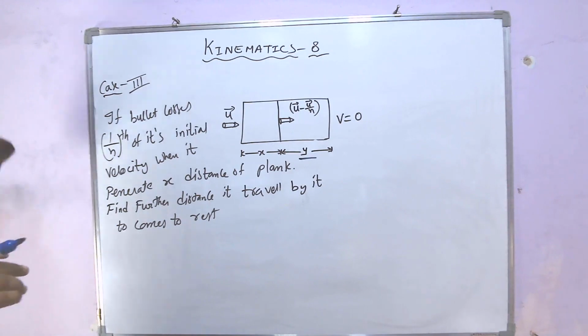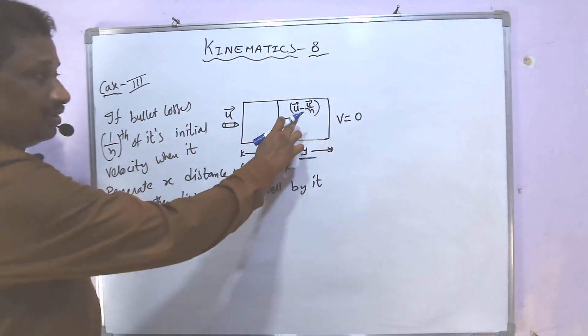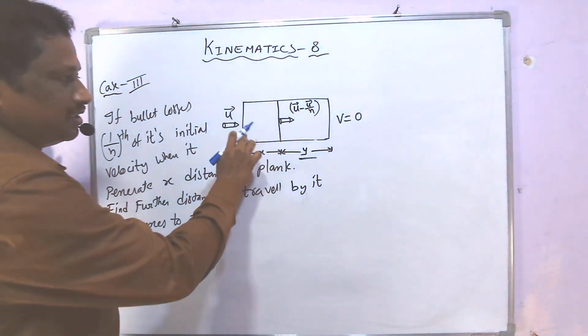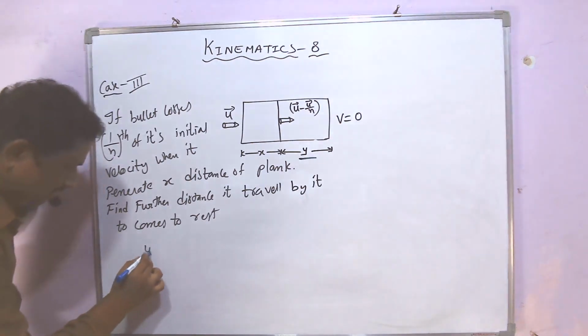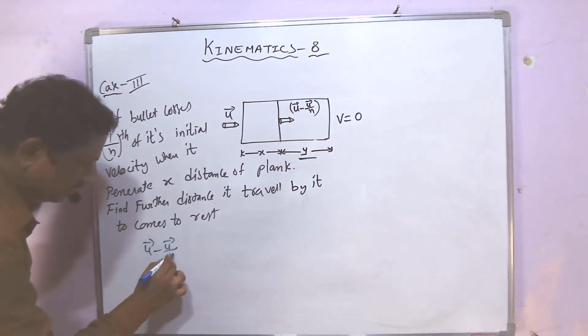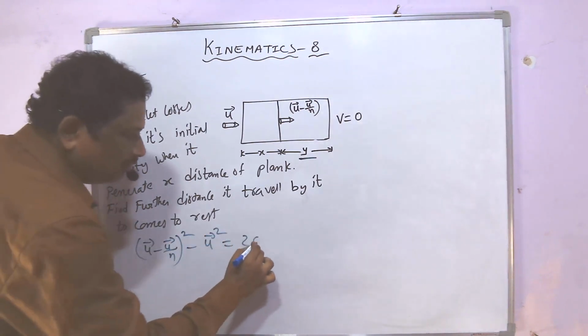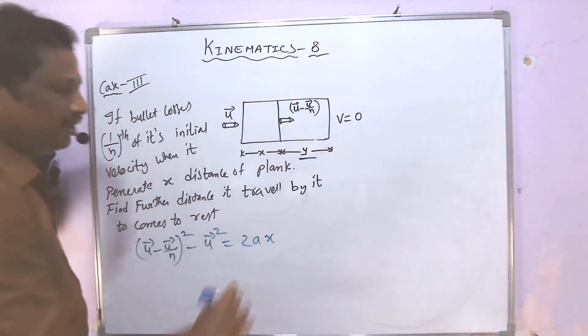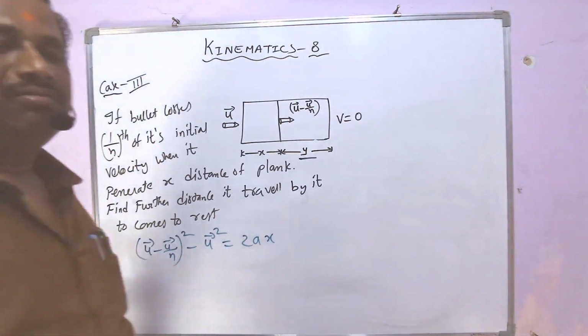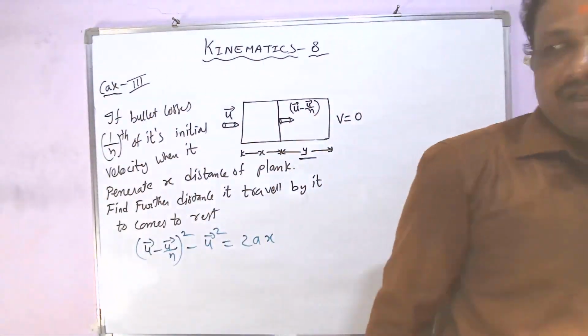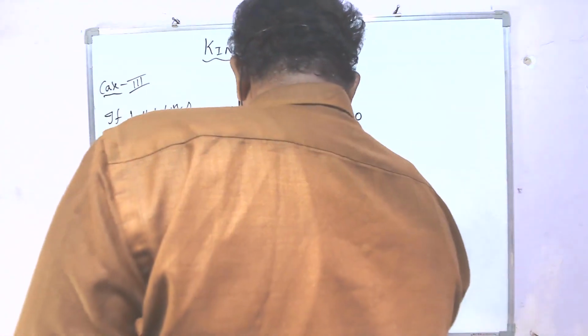Now you see. The final velocity after crossing x distance in the plank is u by n, so (u/n) whole square minus u square is equal to 2ax, since x distance is traveled. Let this equation be 1.